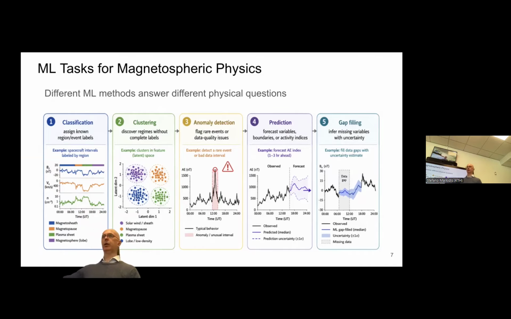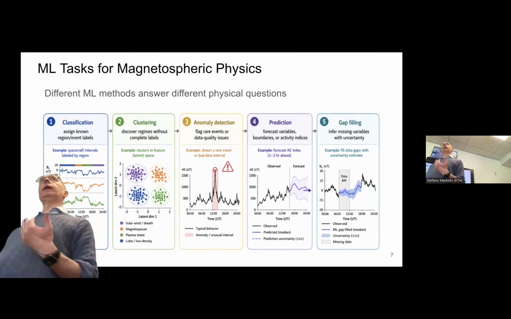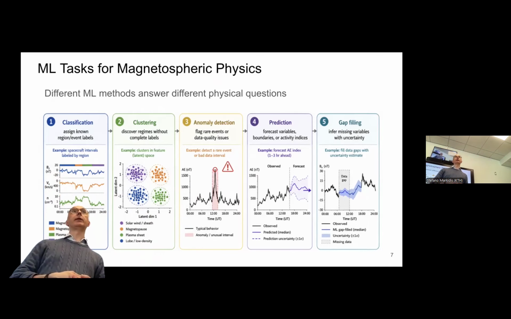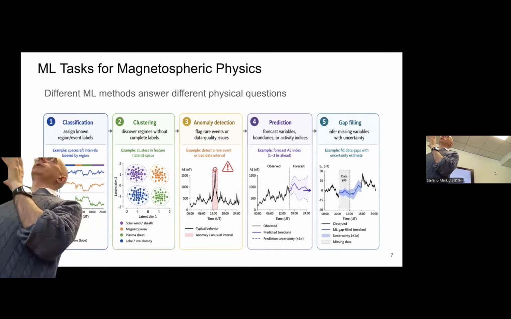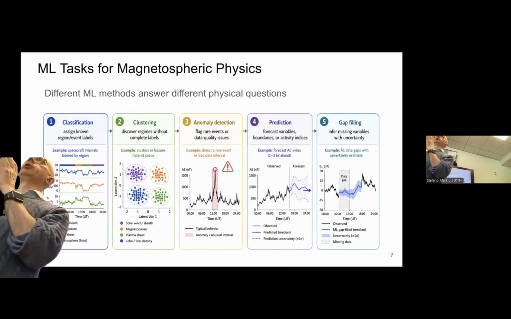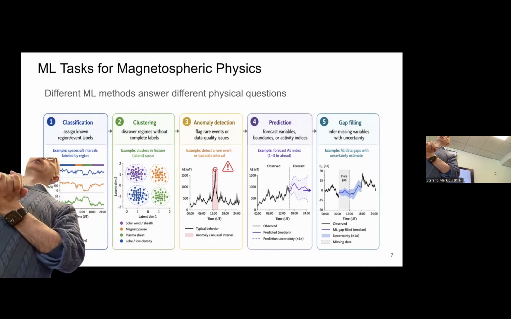Much more interesting and more towards scientific discovery itself: you have some unlabeled data. You have distributions in space, and then you use some technique to automatically put together those states that have a similar distribution in this very high dimensional space. This is automatic.